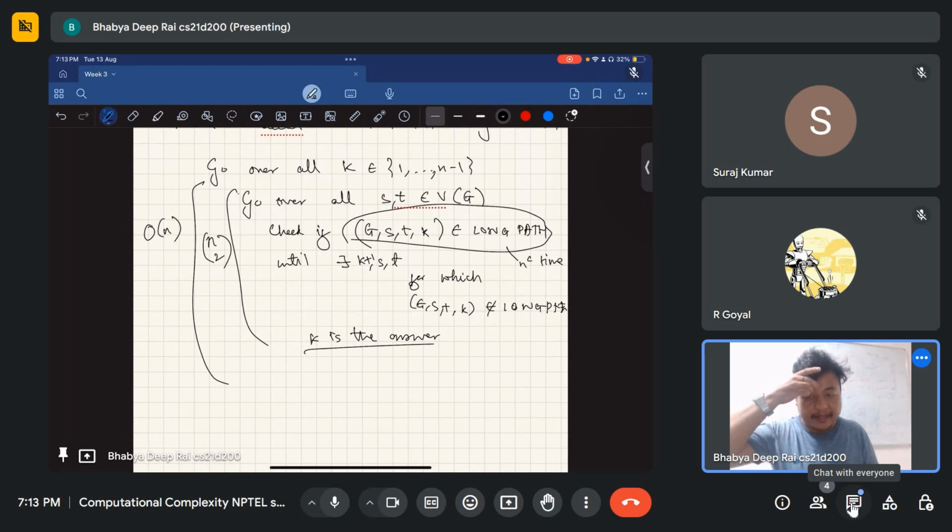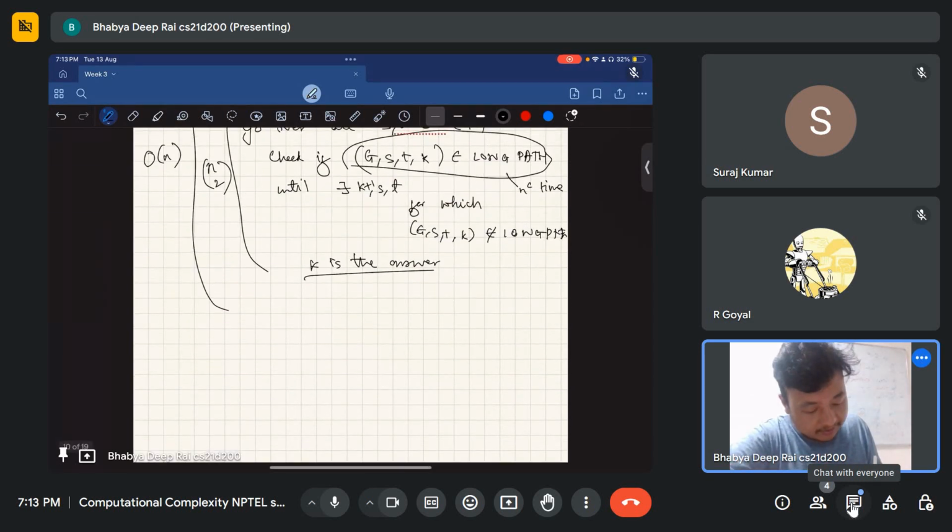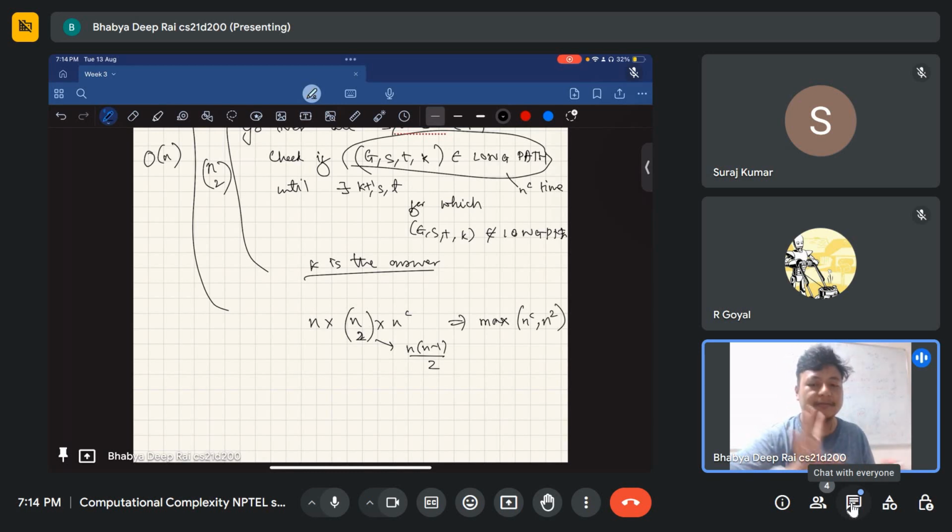Clear? And the answer is n times n choose 2 times n to the c. And what is n choose 2? This is nothing but n times n minus 1 by 2, so order n square. Which implies that max of n to the c comma n square is the running time, which is still polynomial.